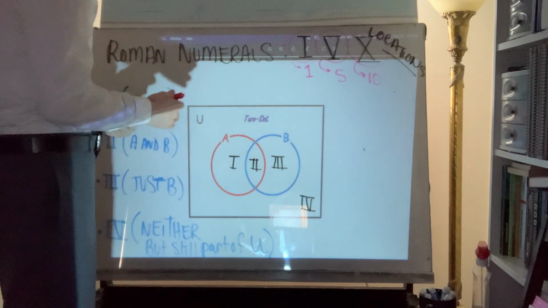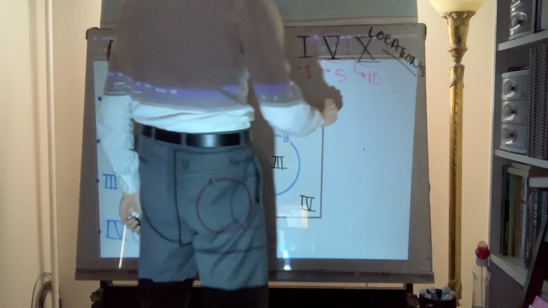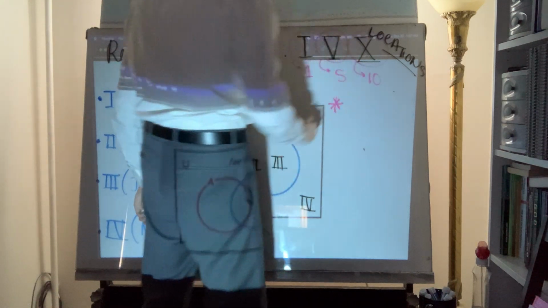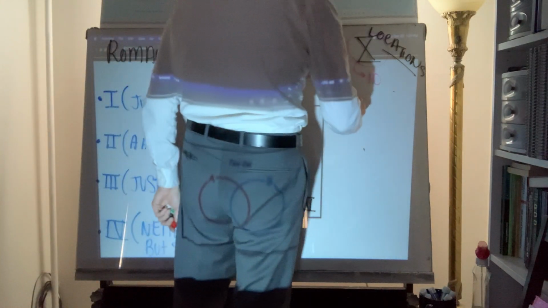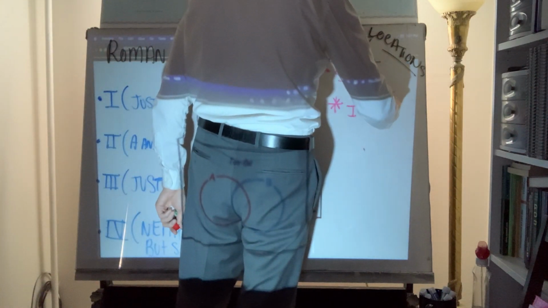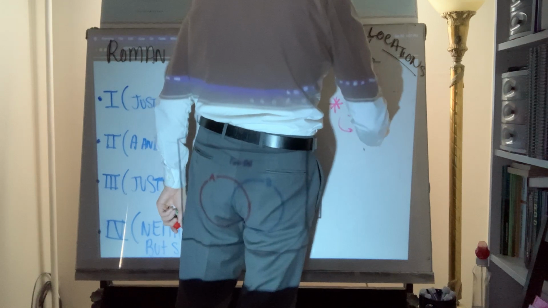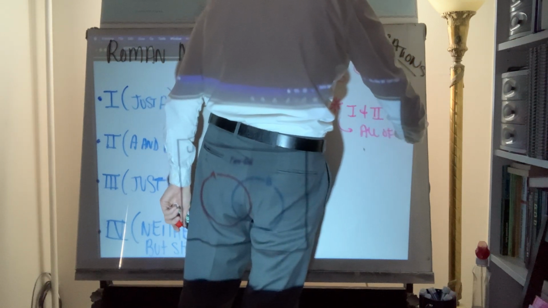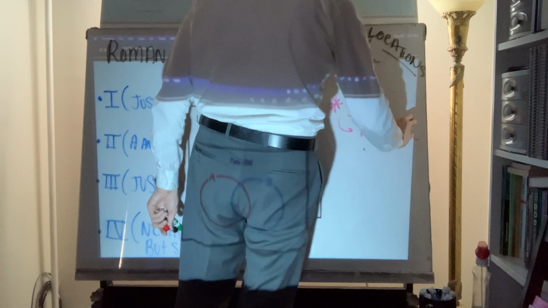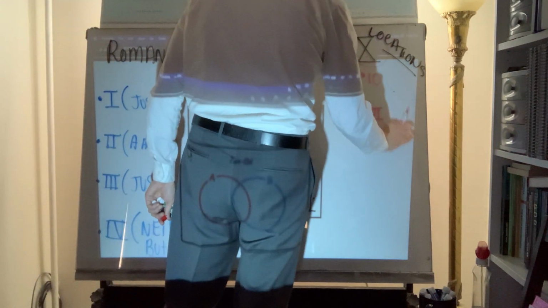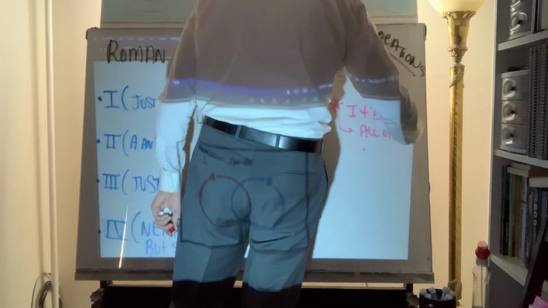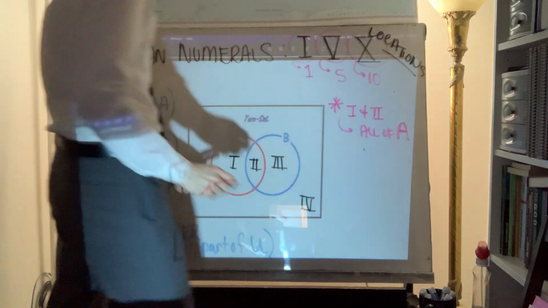Now, to be even more technical, I'll put this over here. If you're talking about regions 1 and 2 simultaneously, then that is all of A. Sometimes it's helpful to toggle in your mind, thinking about things from one perspective versus another. All of A. Ding dong. It's not good, effective toggling.